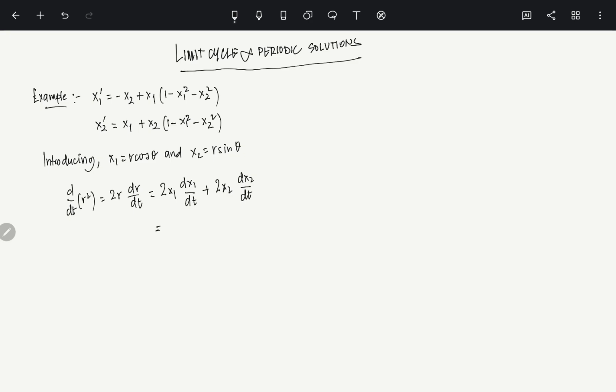This is the chain rule. Now if we calculate this, I hope you understand what I did here.